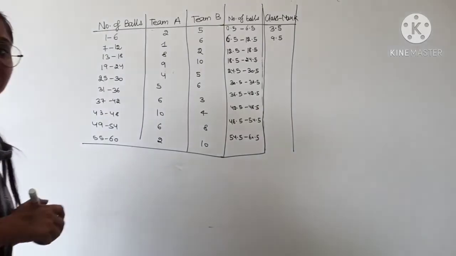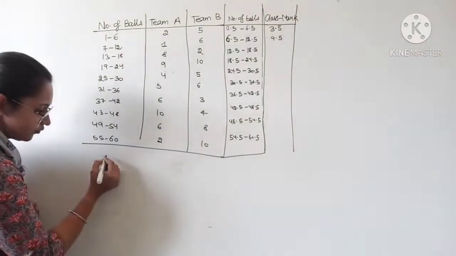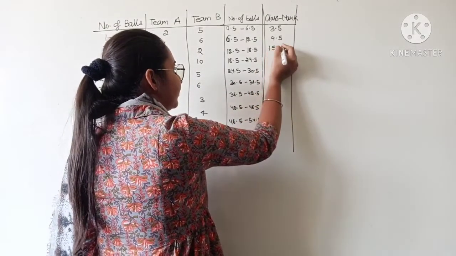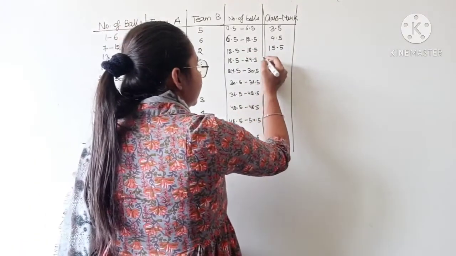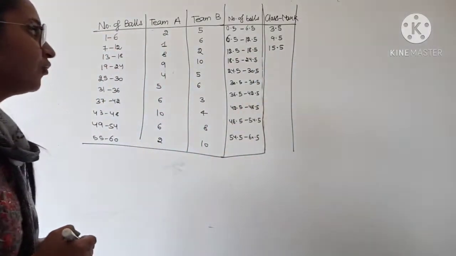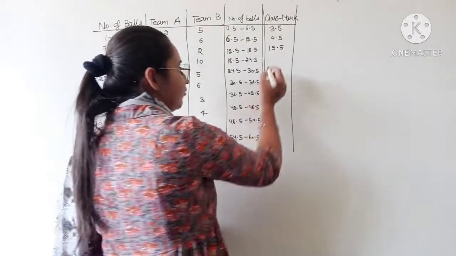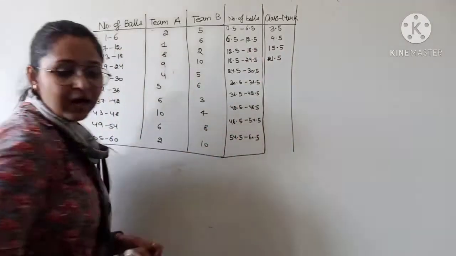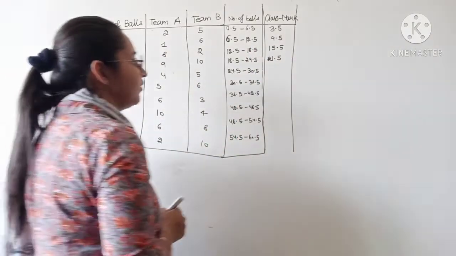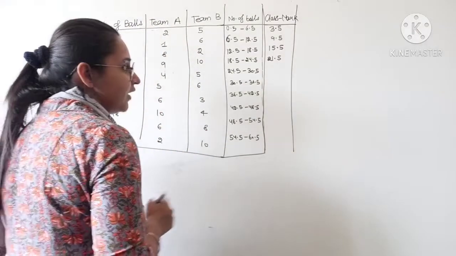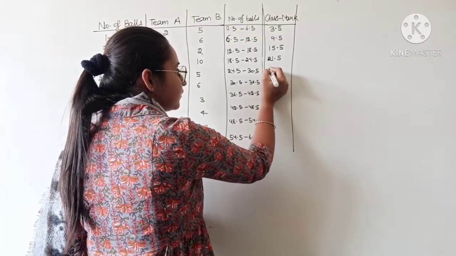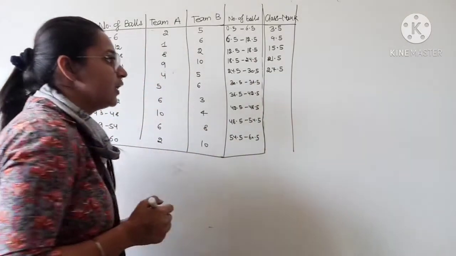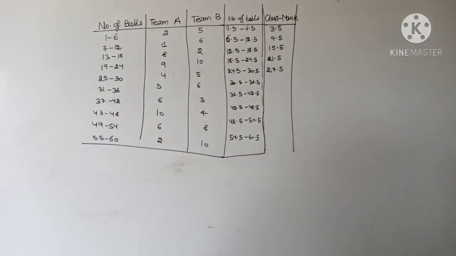Similarly, 12.5 plus 18.5 will give you 31, and 31 divided by 2 is 15.5. Next is 18.5 and 24.5, that gives 43, and 43 divided by 2 will give you 21.5. And next interval will be 24.5 and 30.5, it will give you 55, and 55 divided by 2 is 27.5. Similarly, you can find the class mark of each class.